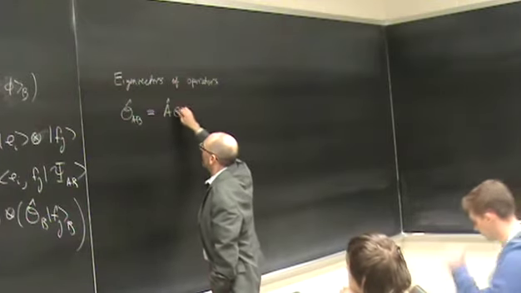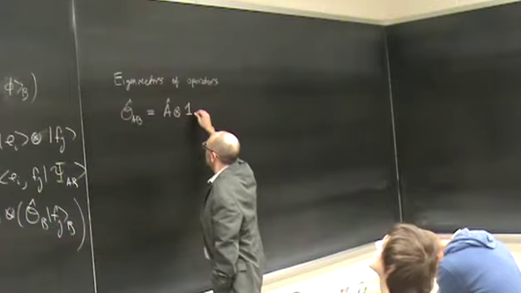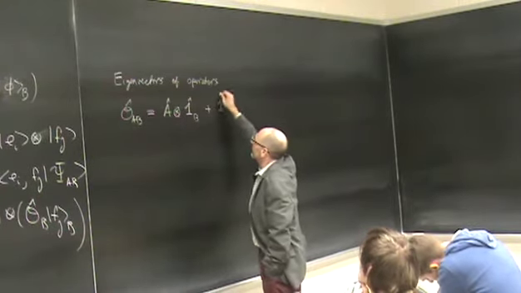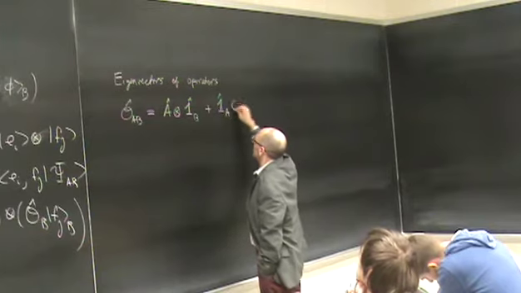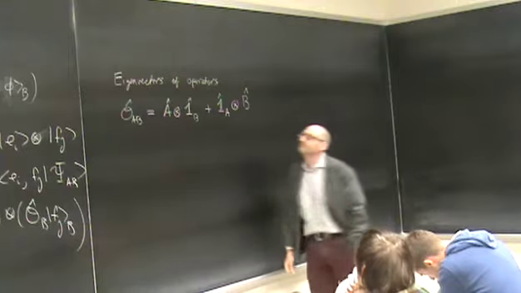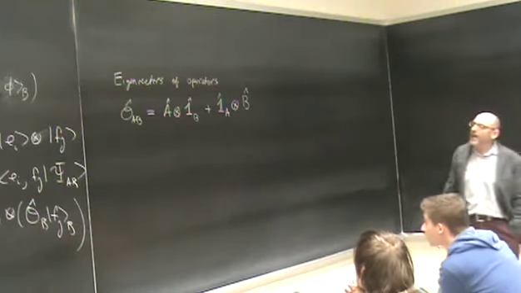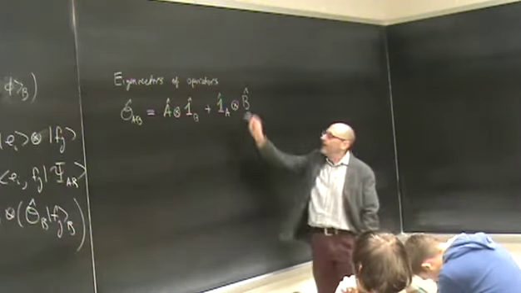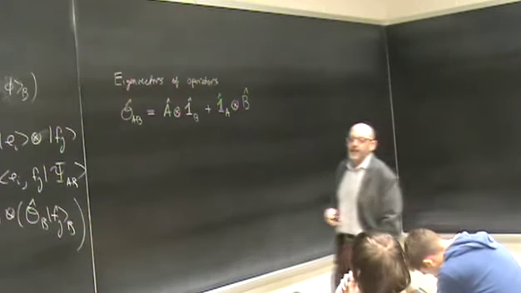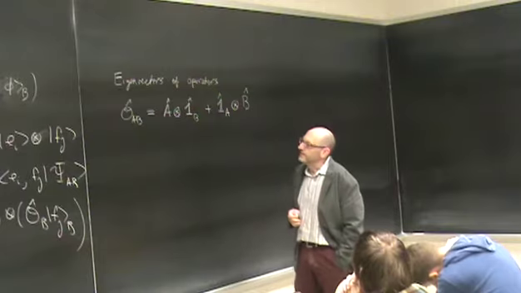It was some operator A, and it did nothing to B, or it's kind of a sum like this. Okay. So A acts on Hilbert space A, and B acts on Hilbert space B. It's a sum of two operators that act on this. Okay?